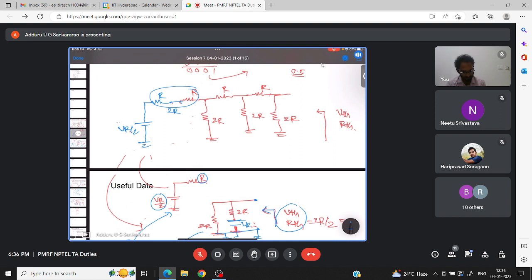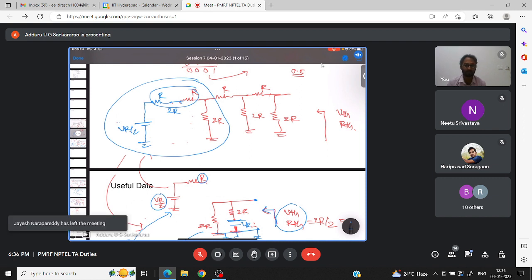Okay. Again the same procedure I can apply. Till now whatever I've done, the same VTH RTH concept I can apply. Then what it will become? Same way I'll get VTH. Now it will become VR by 4. Earlier VR was there.